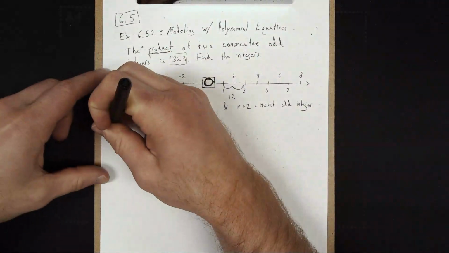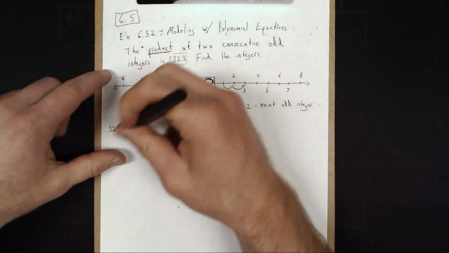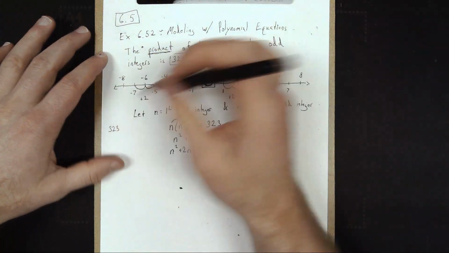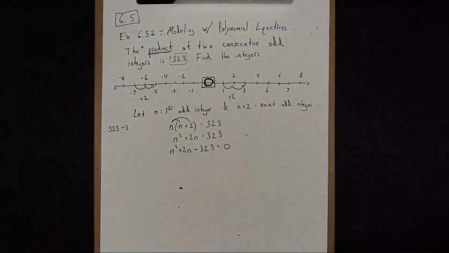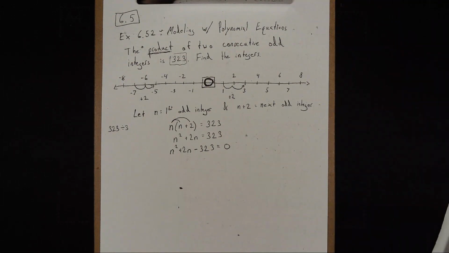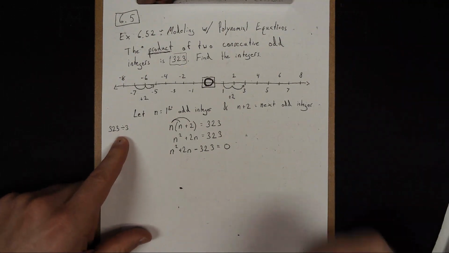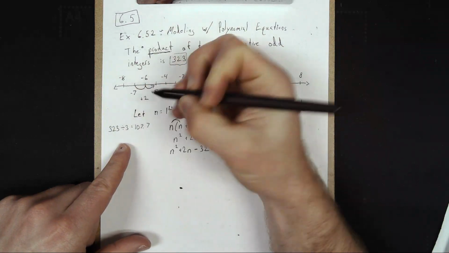We're not going to do 323 divided by 2 because this is an odd number, but we could do 323 divided by 3. That is actually 107.7. That's not it.